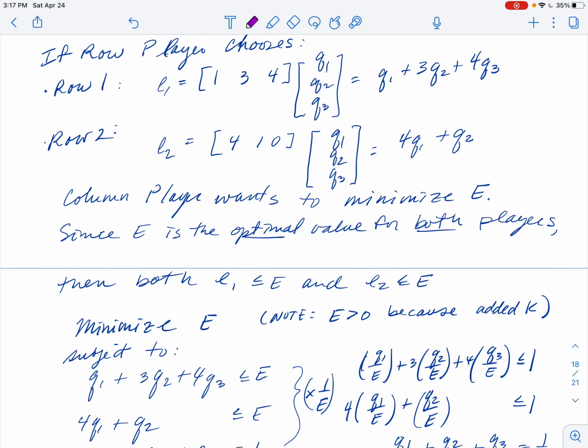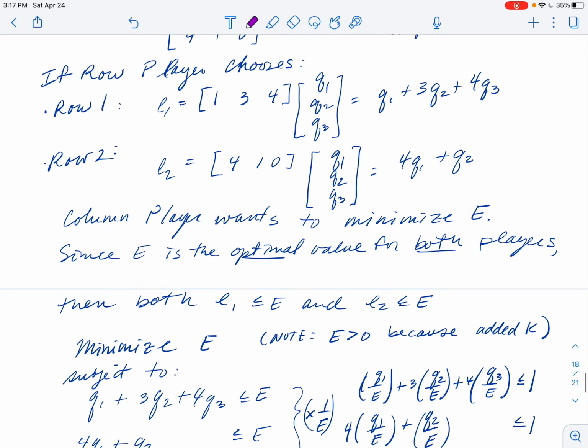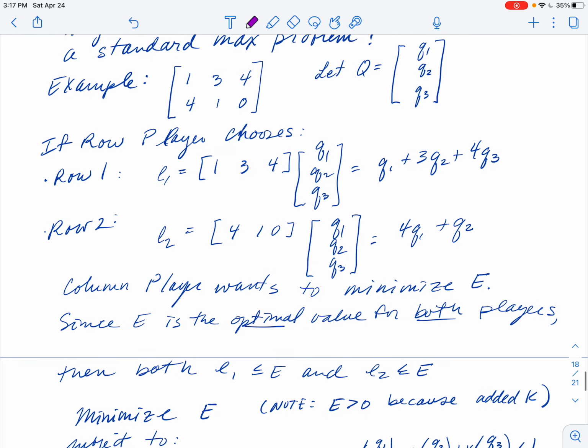Now, since all of the numbers in our matrix are non-negative, and they're not all 0, the expected value of this game has to be positive. It can't be 0, because the only way it could be 0 is if the game were strictly determined and 0 was the value of the game.